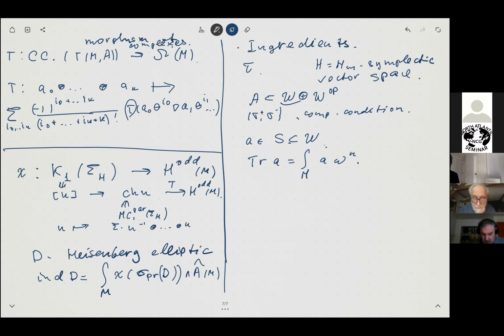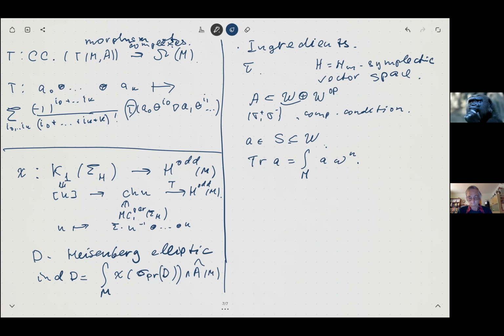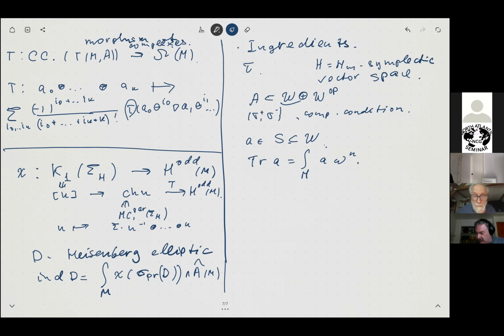Now let's extend it to the entire W, not as a trace but as a linear functional. So we need to regularize it in some way.